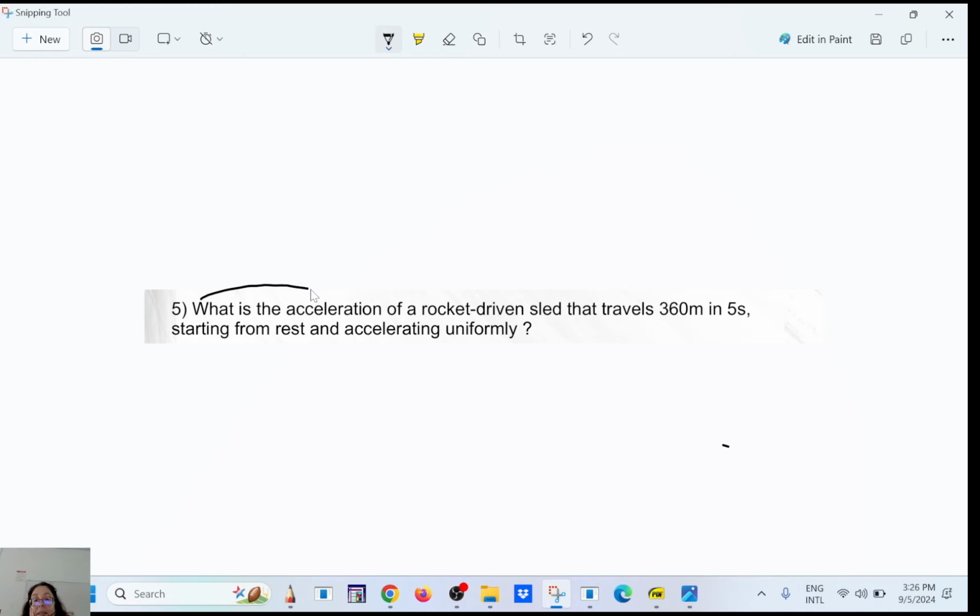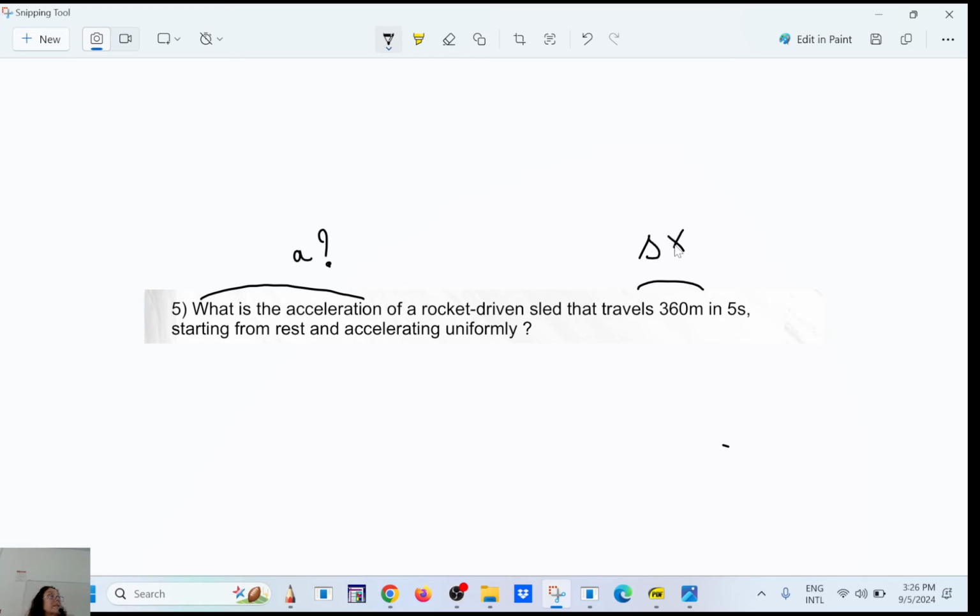So what is the acceleration? So you're going to write a question mark. With those kinds of problems, you can identify the physical quantities, right? So the acceleration means a question mark. What's going to be the 360 meters? So it's going to be delta x, right?